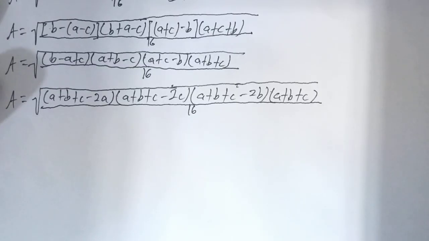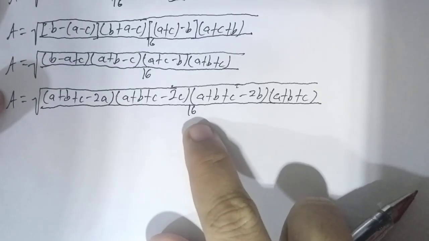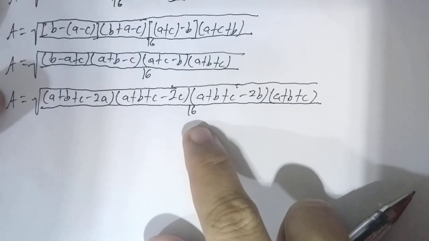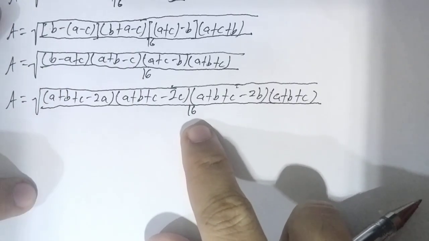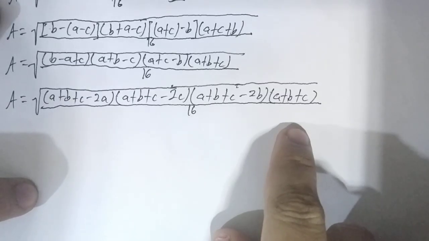Then, next, we know that 16 is 2 raised to 4, right? 16 is 2 raised to 4. So we can separate this into 4 separate fractions.